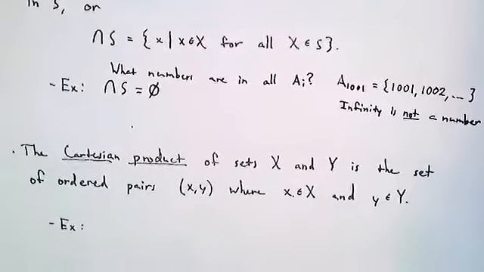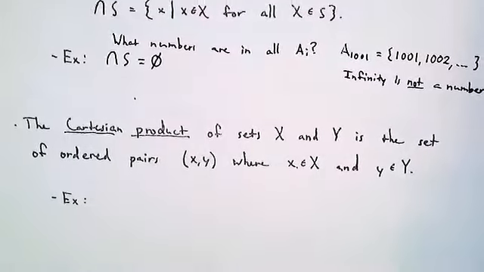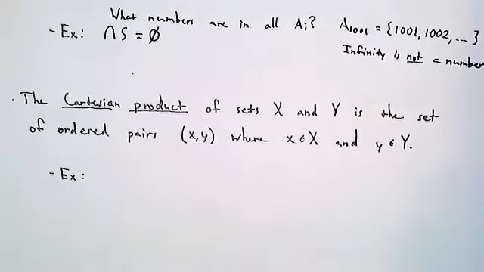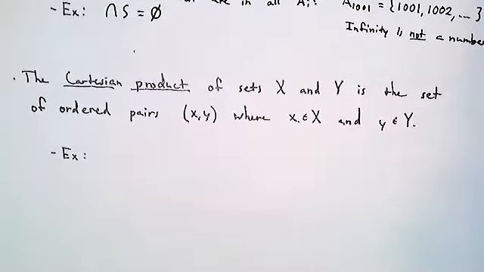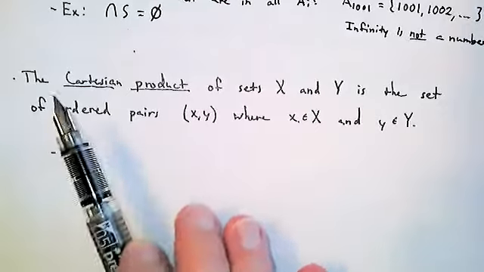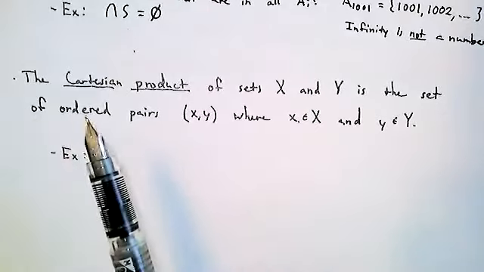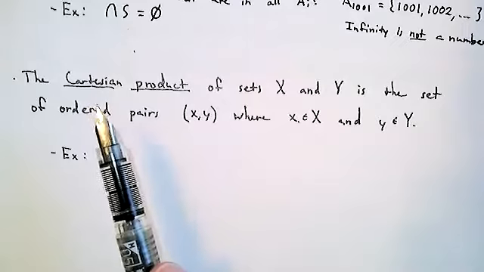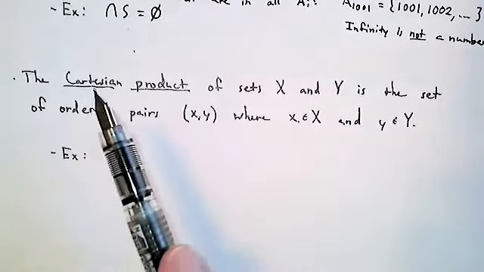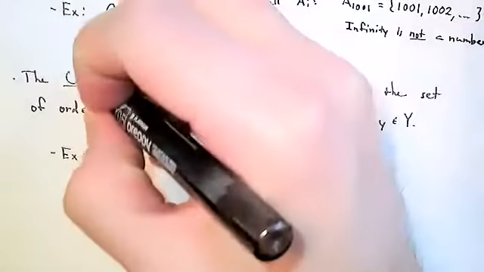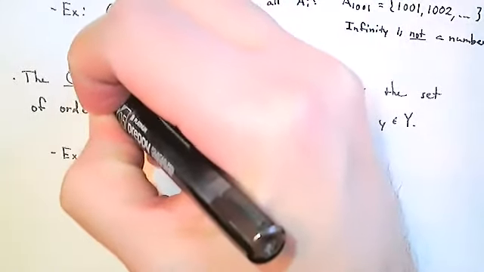Okay, and in the last 2 minutes of class, let's talk about ordered pairs. So in mathematics, when we're talking about sets, we call these Cartesian products. This is a famous French mathematician, Descartes.